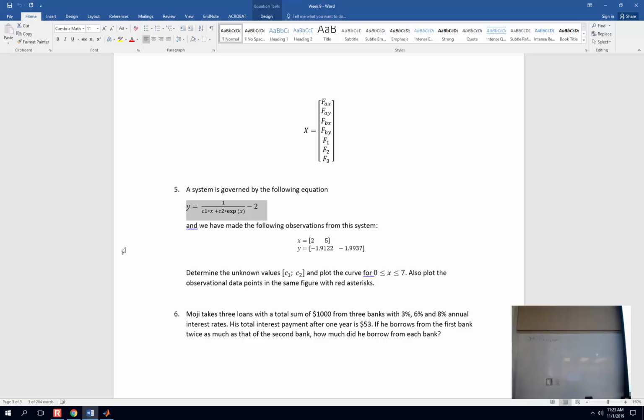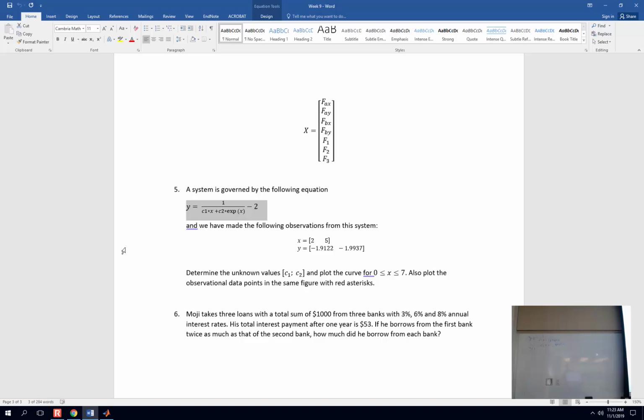Second step is I reciprocate both sides. 1 over y plus 2 is equal to c1x plus c2 exponential of x. Now, is this linear with respect to c1 and c2? Yes. c1 has a power of 1, c2 has a power of 1. Linear with respect to c1 and c2.